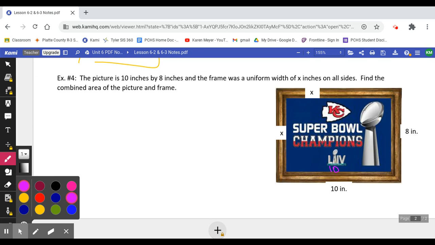That's the picture, the blue picture, so that's only from here to here. And then it tells me that the width of the frame is x. So this little x is going to go right here on the side. On each side of the 10, there's going to be x because you have a frame on the left and on the right side.